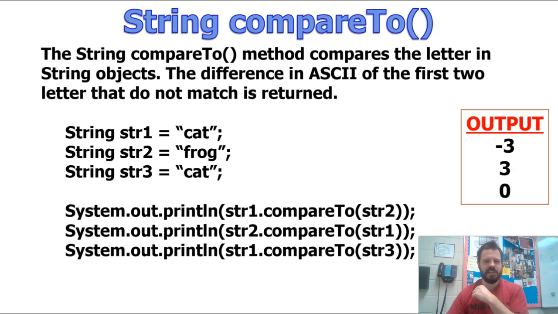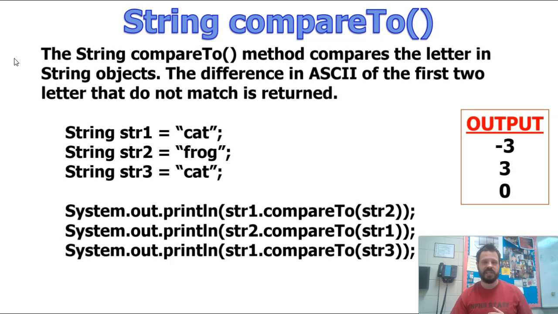All right, and the last thing we're going to talk about today is the string's compareTo method. Essentially the compareTo method is going to function as a greater than or less than comparison for strings. Now, why would we want to compare greater than or less than for strings? Well, essentially that's going to allow us to compare alphabetical orders. The string compareTo method compares the letters in a string object.